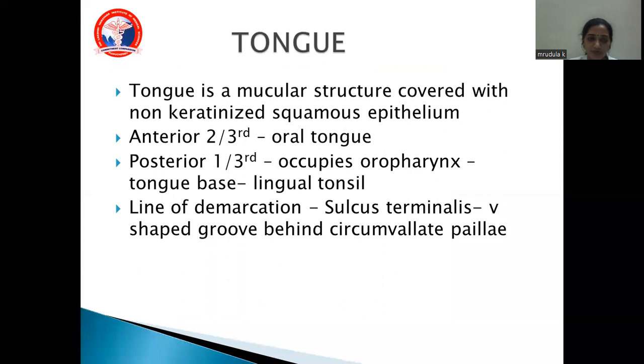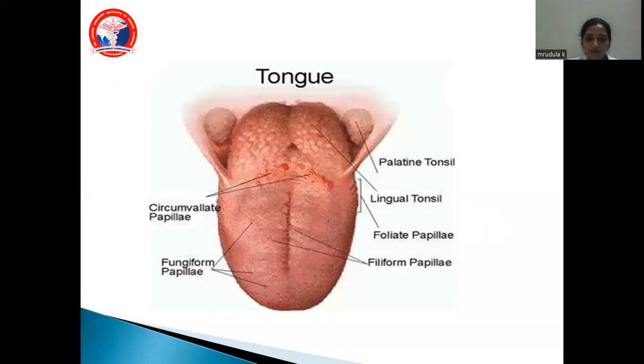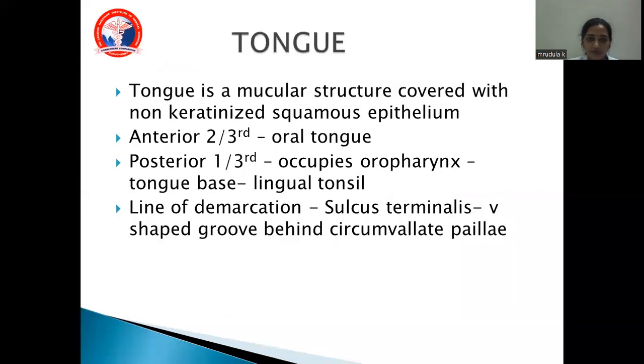Coming to the anatomy of the tongue, it is a muscular structure covered by non-keratinized squamous epithelium. The anterior two-thirds of the tongue is called the oral tongue. The posterior one-third of the tongue, which occupies the oropharynx, is called the tongue base or lingual tonsil.